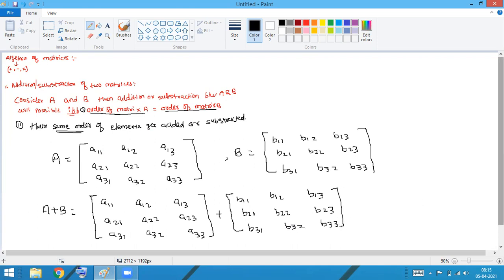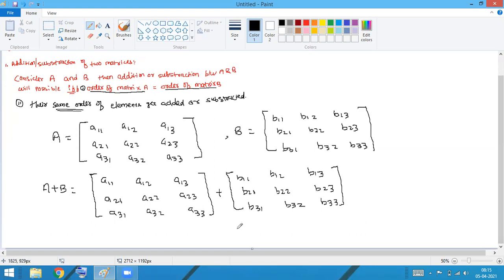Suppose we have the two matrices and we have to find A plus B. So A plus B, or the addition of these two matrices, will be equal to the following. Now this is the element of matrix A of order 1 1, and this is the element of matrix B of order 1 1. Means now if I have to find A plus B, then I will add these two elements first.